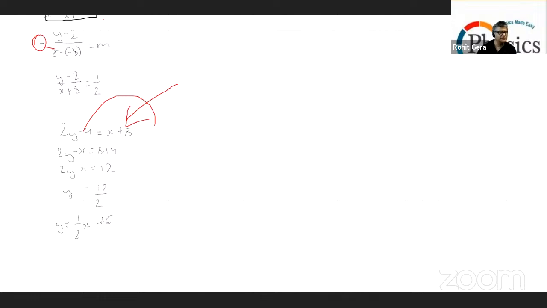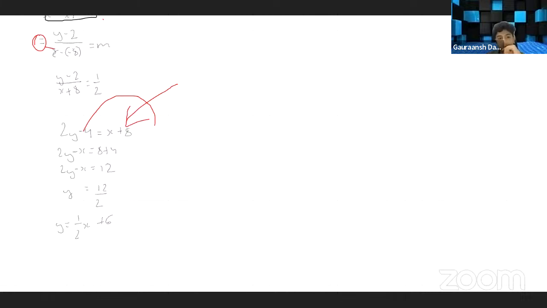I don't understand. It should be the c. So c equals 12 by 2, because it's the y.